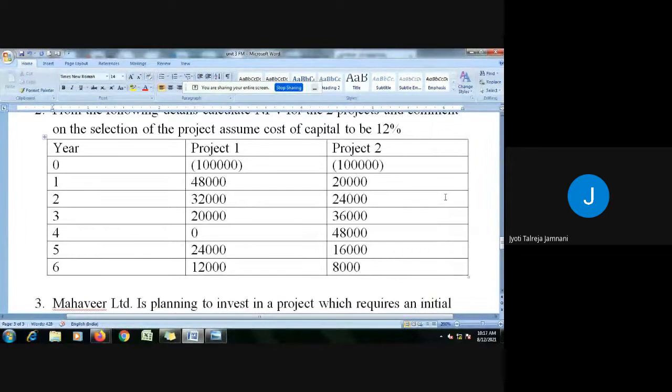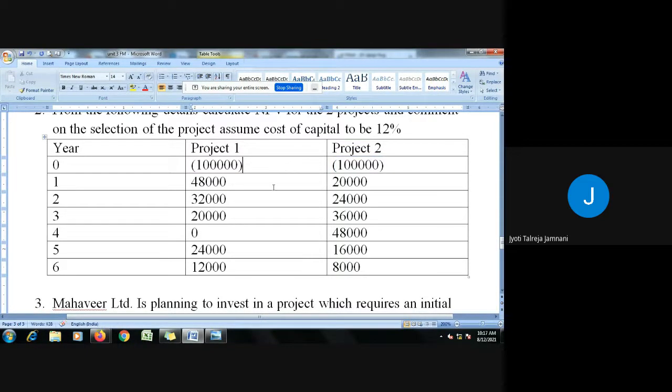So let us understand which project is feasible by calculating NPV. The very first method is we will find the present value of cash flows. Now when we say we'll find the present value of cash flows, we need only the cash inflows. At year 0, what is given is the cash outflow. If you see, it's written in the bracket, that means it is going out. That means you're investing that money.